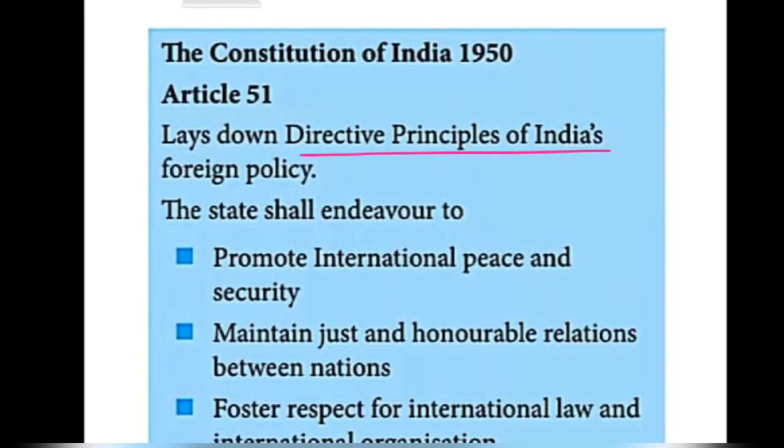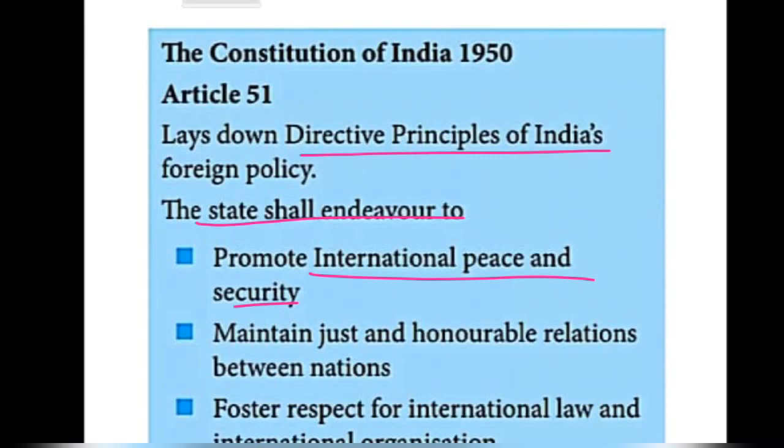So what are the things given under that? The state shall endeavor. What is meant by endeavor? Endeavor in the sense, it is trying. So to promote international peace and security. These are the things given under the heading of directive principles of India's foreign policy under Article 51.